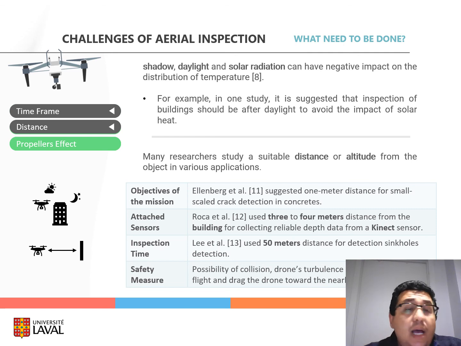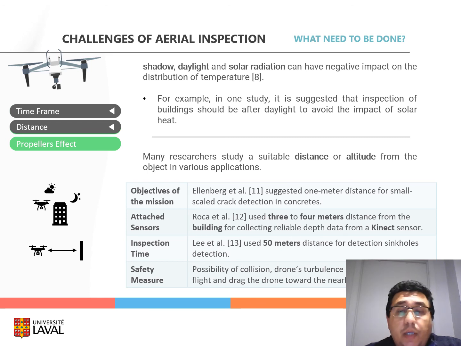Many studies actually study a suitable distance or altitude from the object in various applications. The studies also investigate different factors that can affect this distance. We list some of them here.